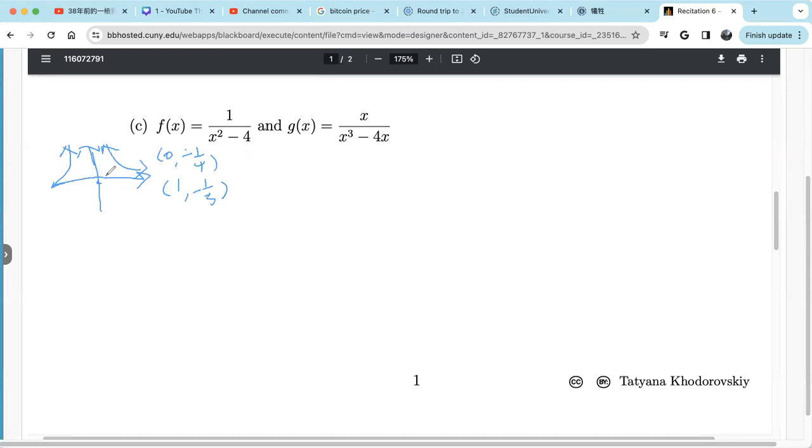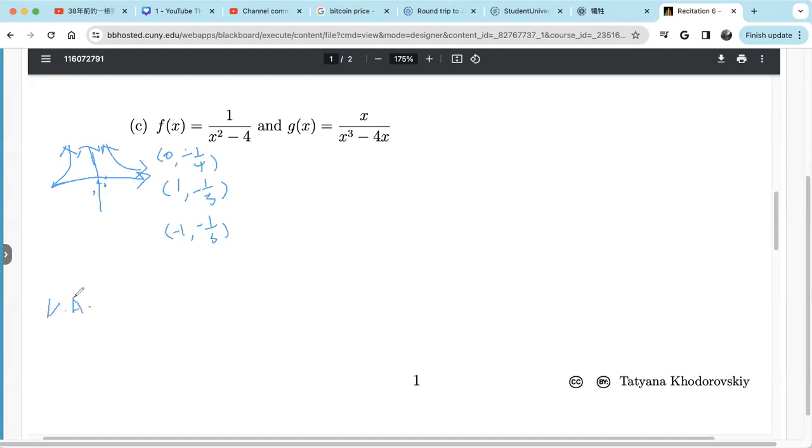Now 1, maybe 1 is here. -1/3 is a little bit lower. Then if x equals -1, same thing, we get -1/3, right? That means a little bit lower. So I have two, but this one has two vertical asymptotes, right?